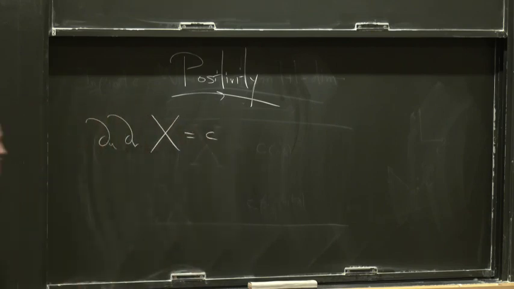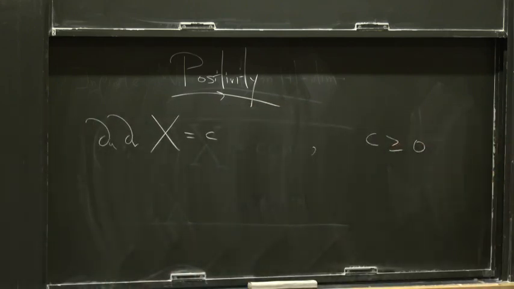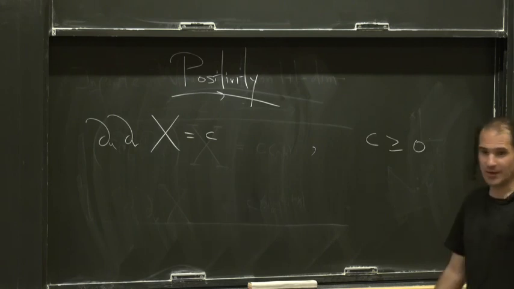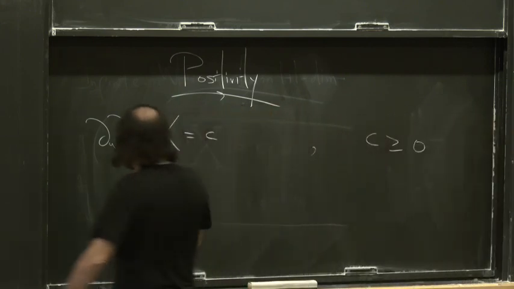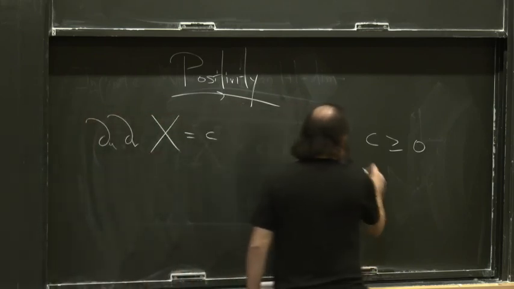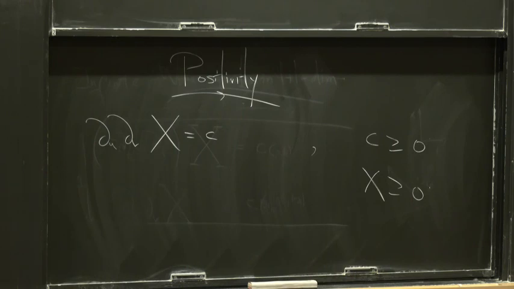But we're going to demand two things. We're going to demand that the source c is positive, and we're going to demand that on the time-like boundaries of the space that we're going to look at, x is positive. And that's actually what we're really interested in.